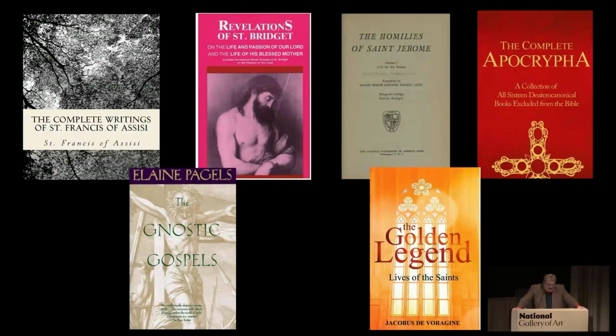So Gospels that were not accepted, but that the stories were well known to artists, include stories that come from the Infancy Gospel of James, the Gospel of Pseudo-Matthew, the Gospel according to Thomas, the Gospel according to Mary Magdalene. These are all apocryphal Gospels that didn't make it into the approved canon of the Bible, of the New Testament.